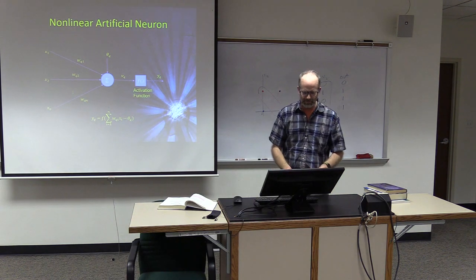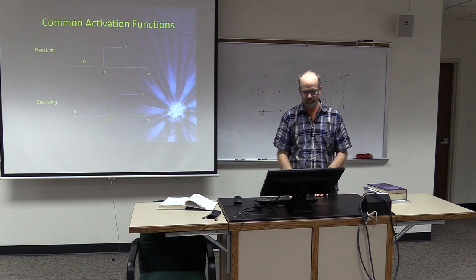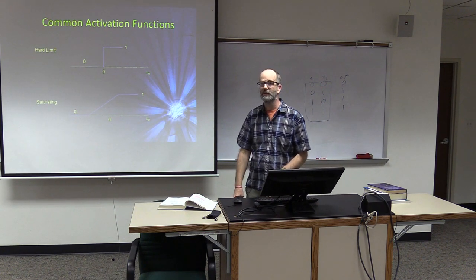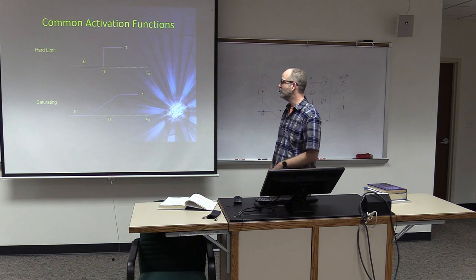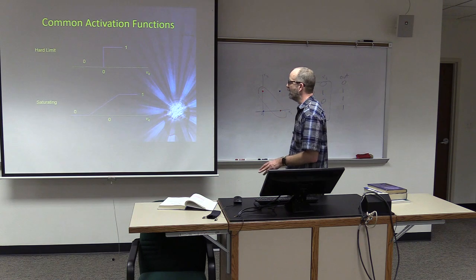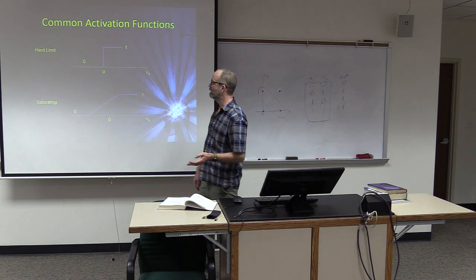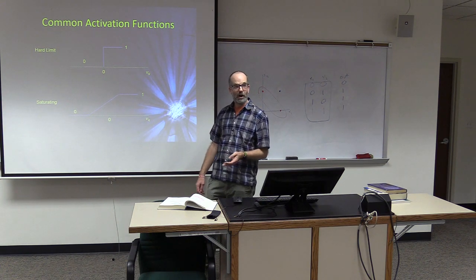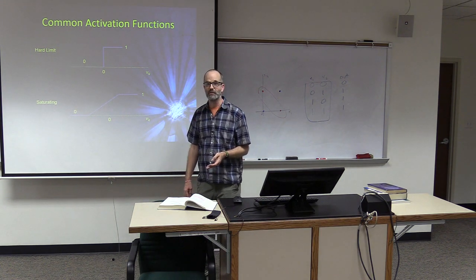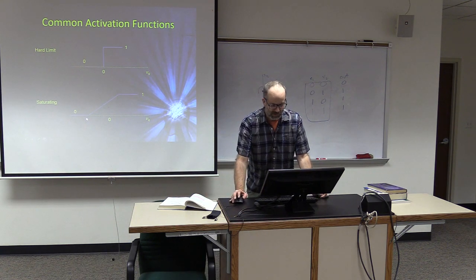So let's talk about activation functions. What are they? Well, there's a bunch of different ones that we have. These are just a couple examples, and then one further example on the next slide. But examples of things we could do would be to hard limit. A hard limit would be the same as essentially thresholding. So let me go back one slide real quick.